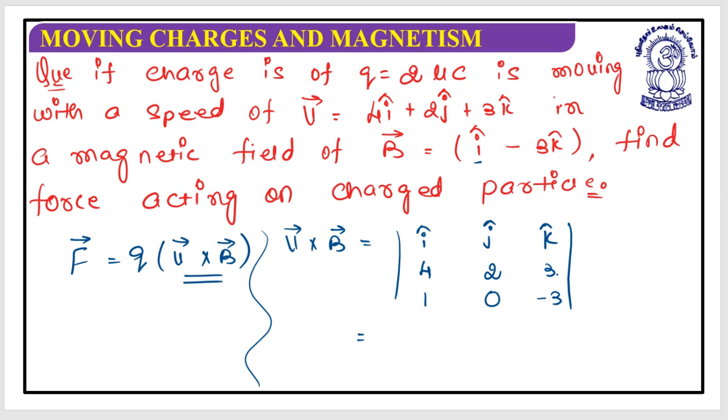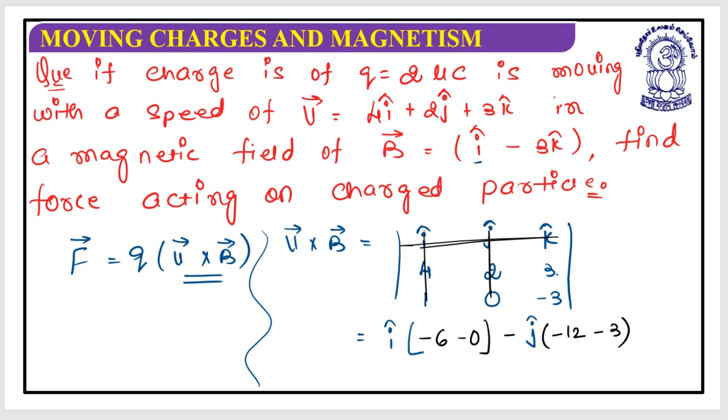So that could be written as i cap multiplied by, if I am going to write i cap, I need to forget this column. It's 2 into minus 3, which is minus 6, minus 0, which doesn't make any difference. Minus of j. When I write j cap, I need to forget this. It's 4 into minus 3, which is minus 12, minus 3.